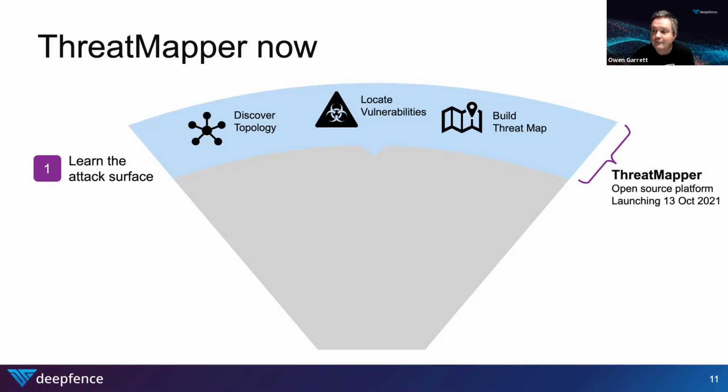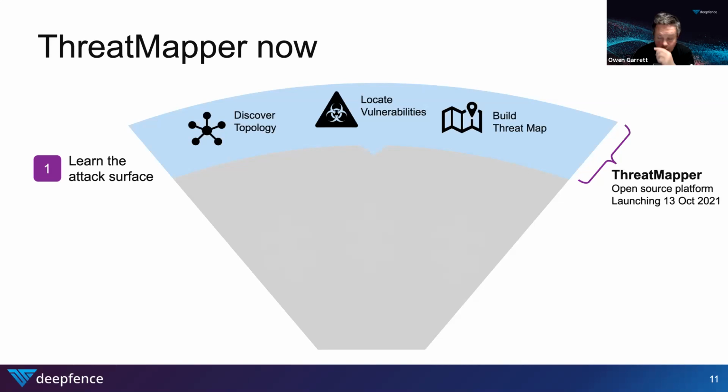And then finally, put all of that information together, prioritizing vulnerabilities based on their exploitability. Are they, for example, network exploitable and receiving traffic from the outside world, in order to build a threat map? This capability you can get from the ThreatMapper open source platform. You can pull it directly from our GitHub repository.